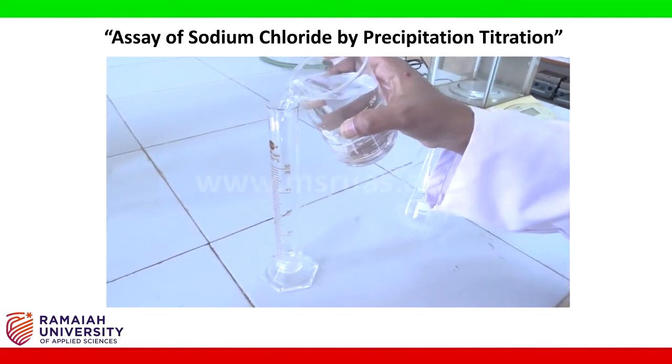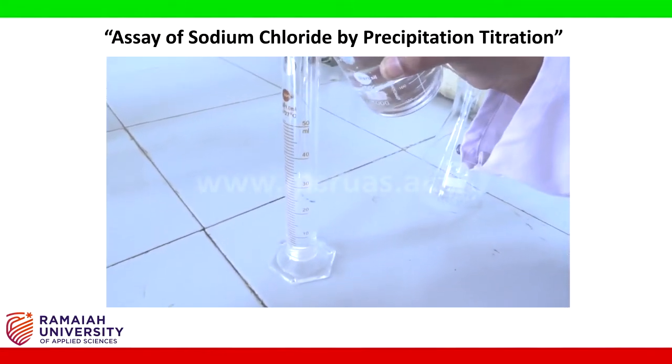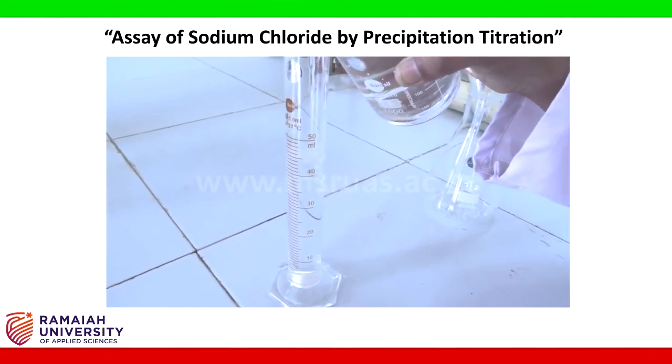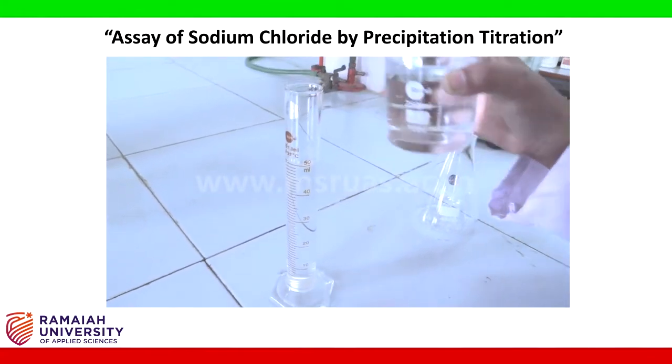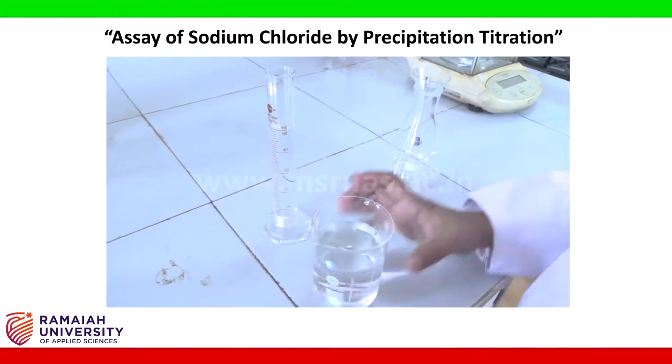Add 50 ml of water to dissolve sodium chloride.